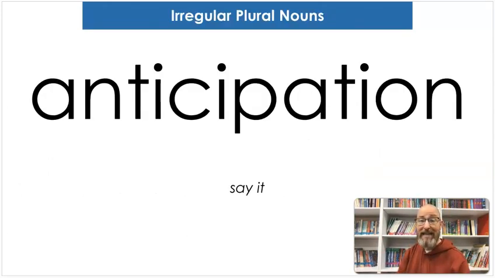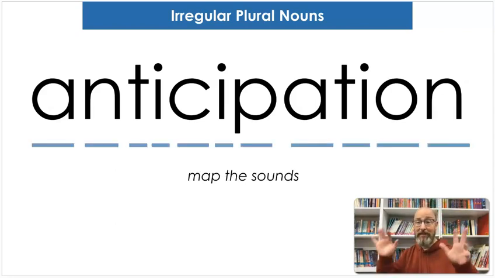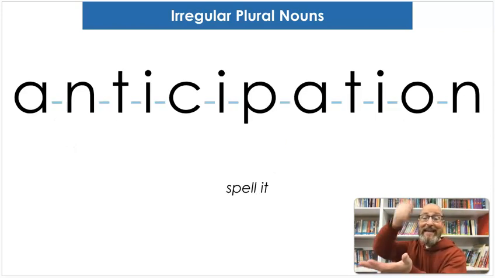So our first word today is anticipation. Say anticipation. A lot of sounding out. Ready? You're going to use all of our fingers today. I actually needed more than I had. Anticipation. Say the word one more time. Let's spell it. A-N-T-I-C-I-P-A-T-I-O-N.